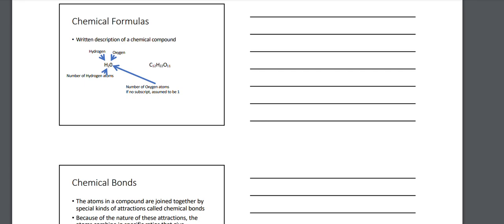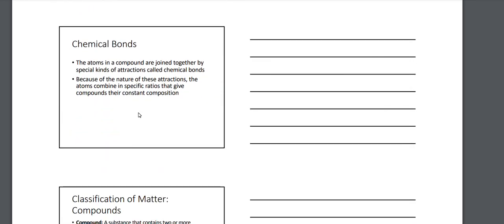If you look at the carbon, that means I have 12 carbon atoms in a molecule of saccharose. I have 22 atoms of hydrogen, and I have 11 atoms of oxygen. So that's what a chemical formula tells us. It tells us there is carbon, there is hydrogen, there is oxygen. There are 12 of carbon, 22 of hydrogen, and 11 of oxygen. Okay?